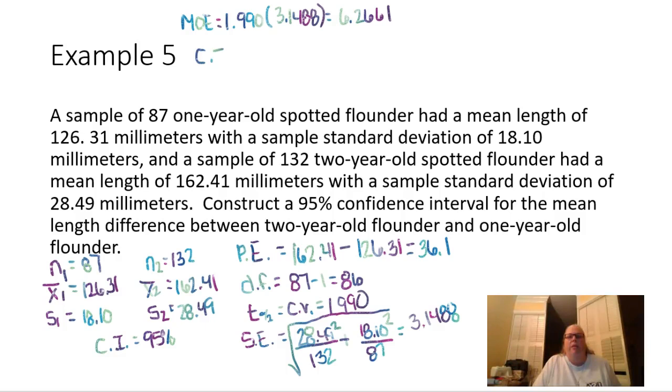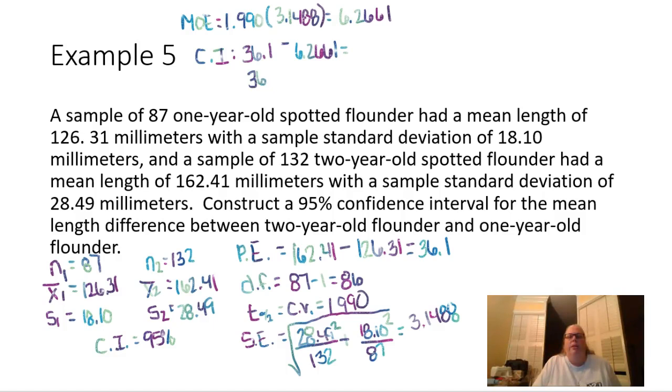All right, so when we go to find our confidence interval, we're going to take our point estimate, 36.1, and subtract the margin of error. I'm going to round to two decimal places because all of my original data was rounded off to two decimal places.